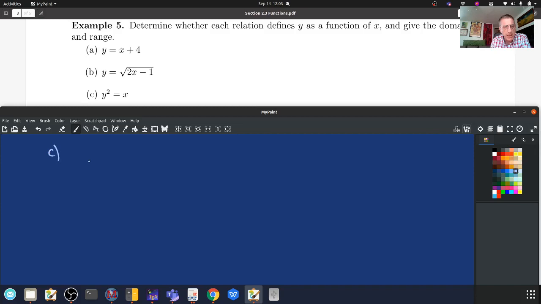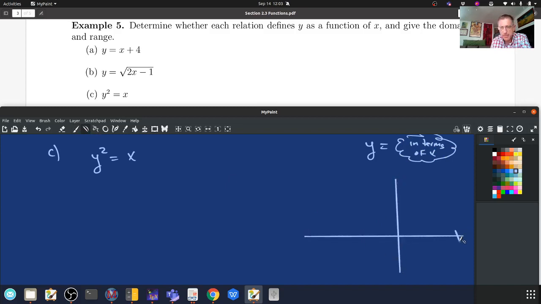So number C, we have y squared is equal to x. Well, normally we have y is equal to something in terms of x, right? So let me talk about this right now. When we have the Cartesian plane, the x values are the independent variable, equal to x, and those are the domain values.